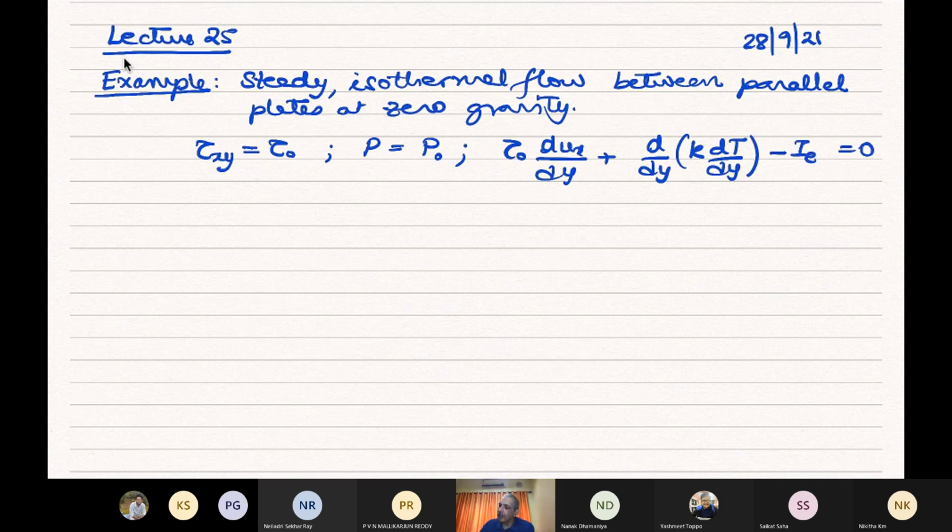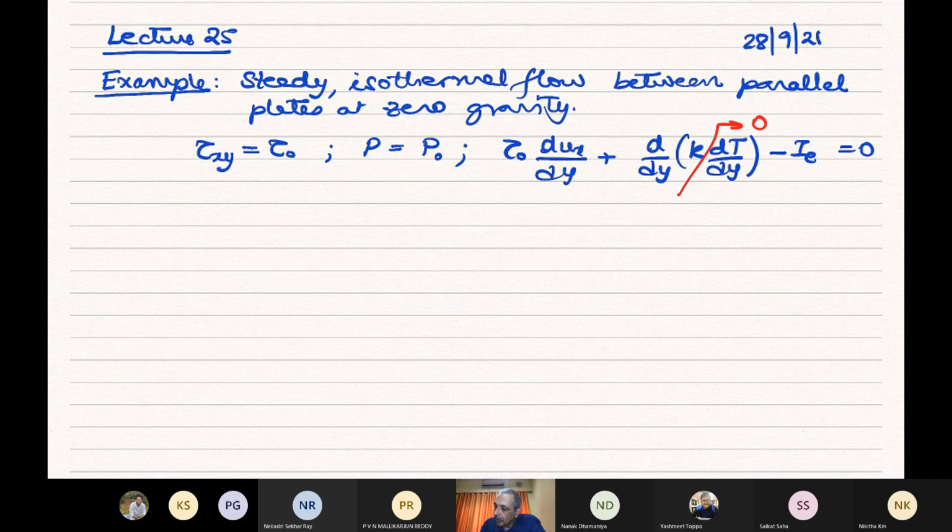So these are the equations that we got last time for steady flow between parallel plates at zero gravity. But now the only additional thing is that it's isothermal. If it is isothermal, then this term will go to zero. So this is the only change from the previous problem that we had solved.